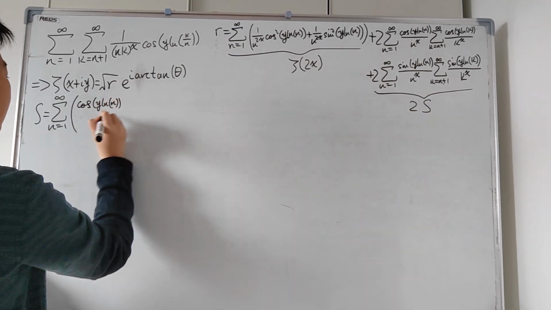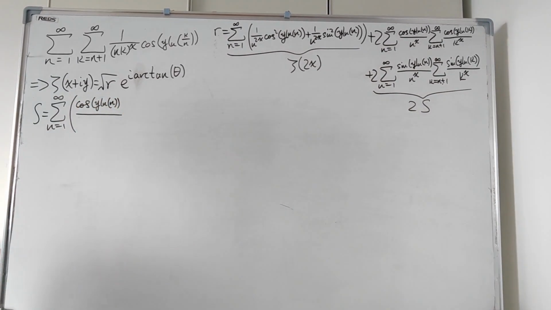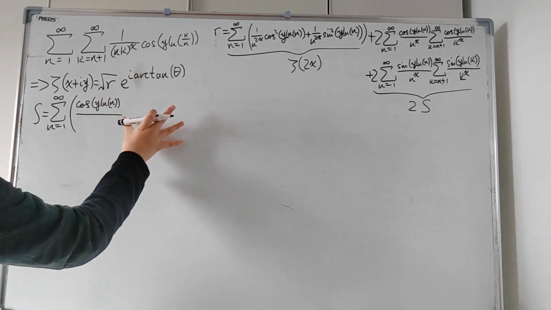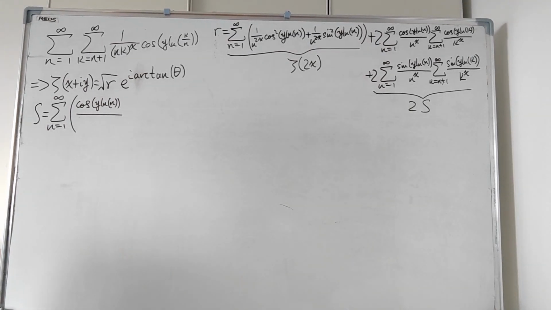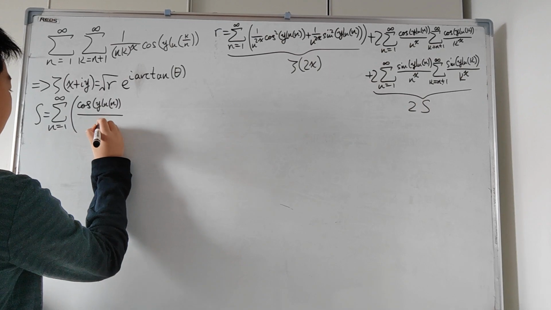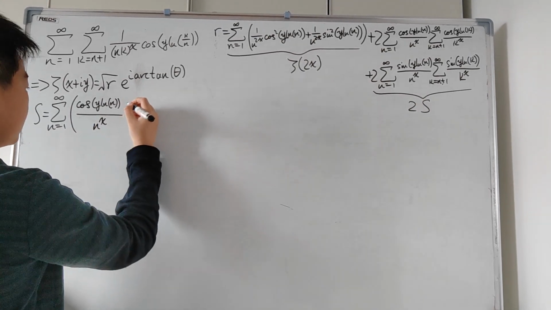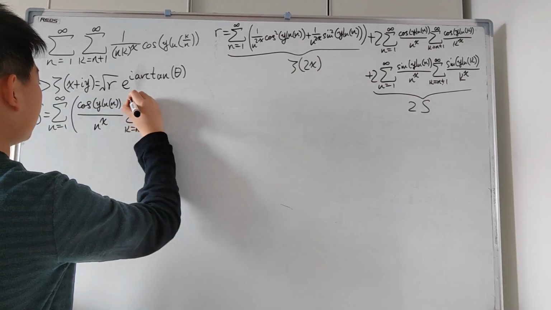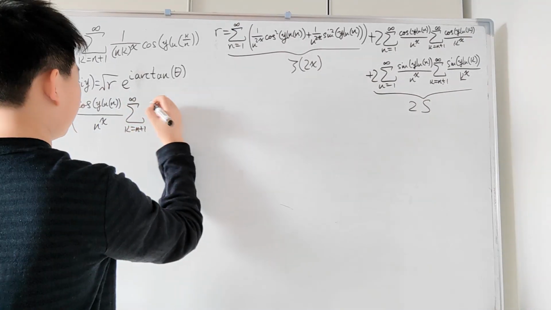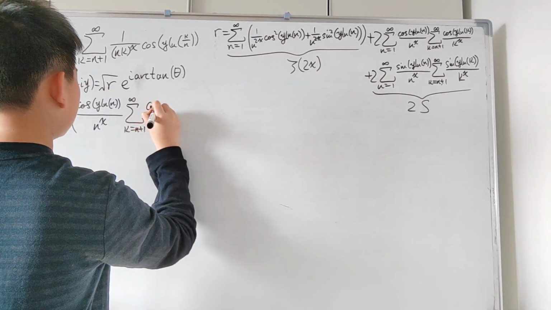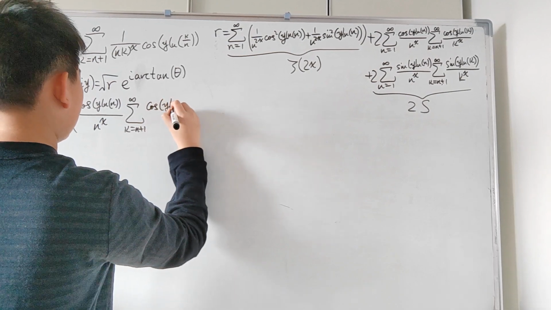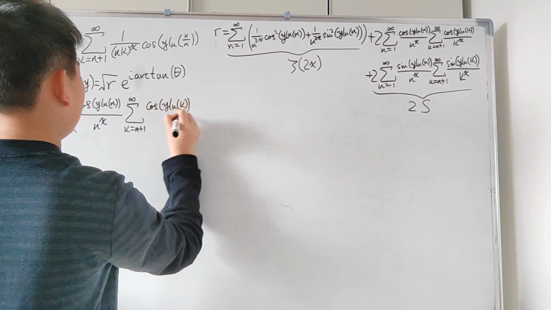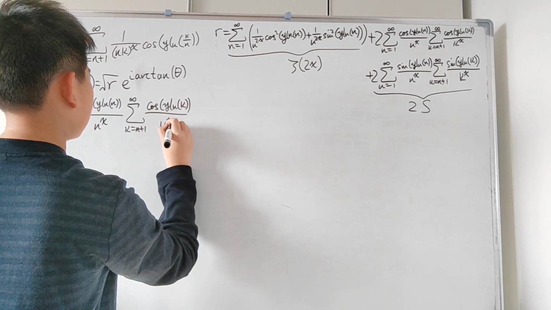I had the brilliant idea of writing this in the numerator instead of having to make space for it here. I don't know why I haven't thought about that earlier. Then the sum k equals n plus 1 to infinity of this cosine term again, y natural log of k, over k to the x.